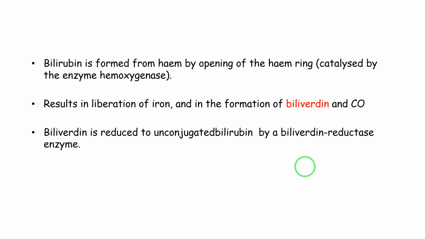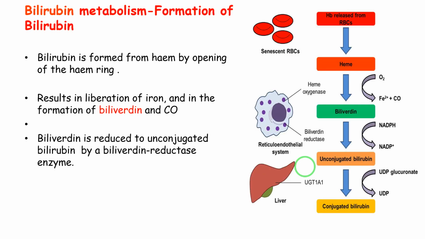After opening of the heme ring by the enzyme heme oxygenase, it will release a molecule called biliverdin. This biliverdin, by biliverdin reductase, will be converted to another compound called unconjugated bilirubin.